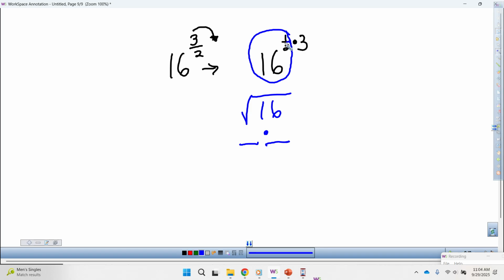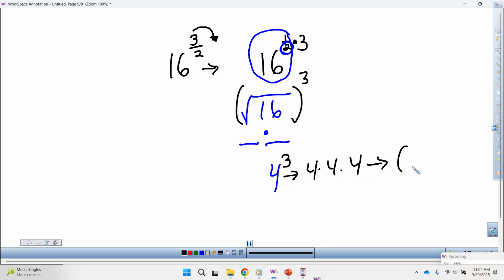That's why the denominator is a 2. Are we there so far? And then we put that in parentheses to the 3rd power. So what number times itself 2 times gives us 16? 4. And, of course, we bring down the exponent. That becomes 4 times 4 times 4, which is 64. That's what we did last week.